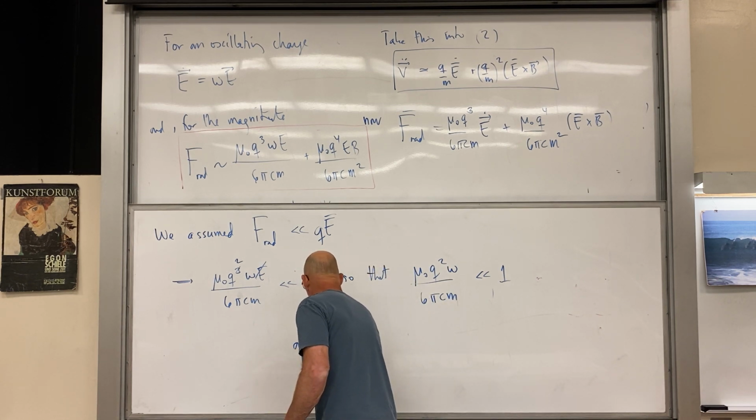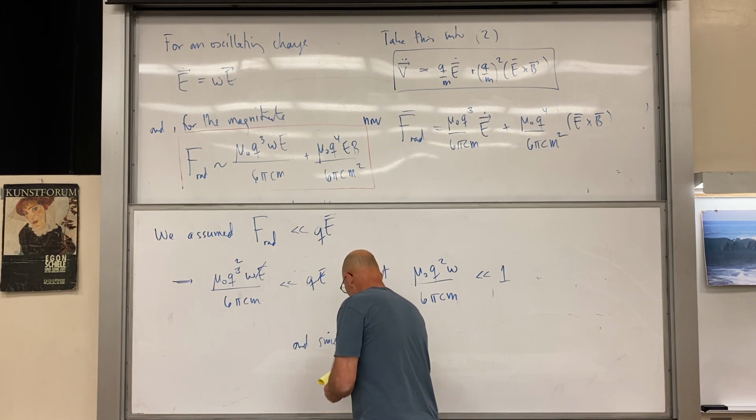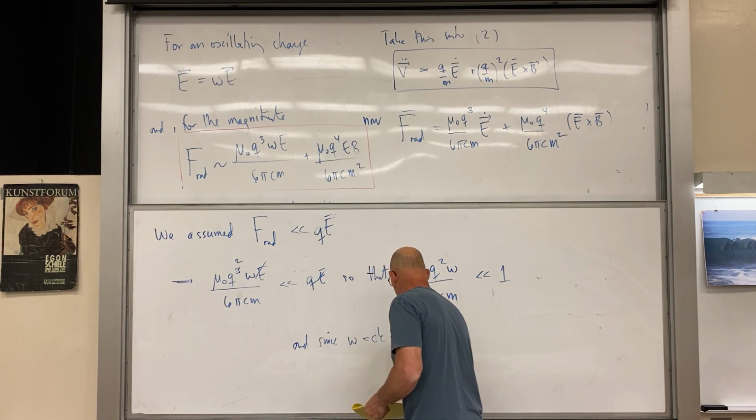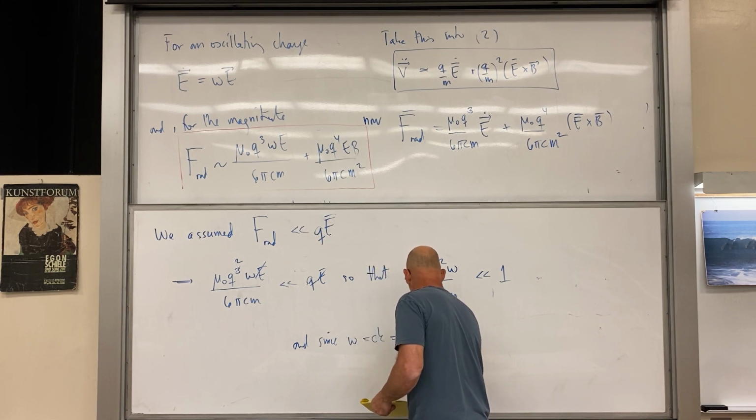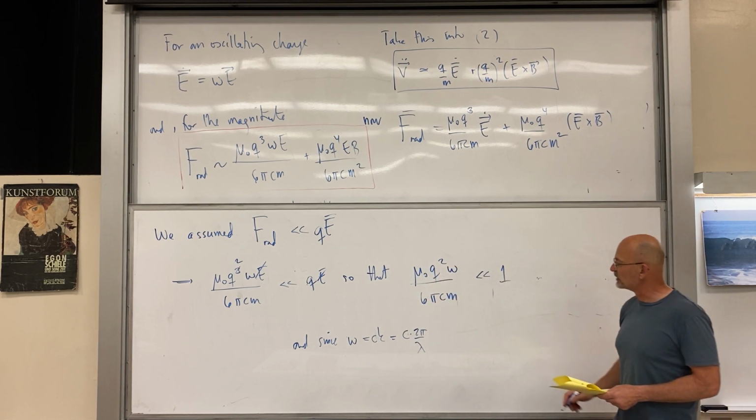And since omega is equal to c times k, c times 2 pi over lambda, we can express this in terms of a length.